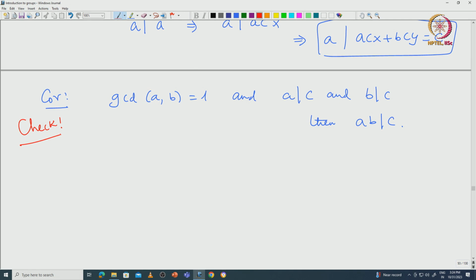Okay. So, once we have this greatest common divisor, that also motivates us to define what is called the least common multiple. Okay. So, here is the definition of least common multiple, which is denoted as LCM. So, what is LCM? Least common multiple.